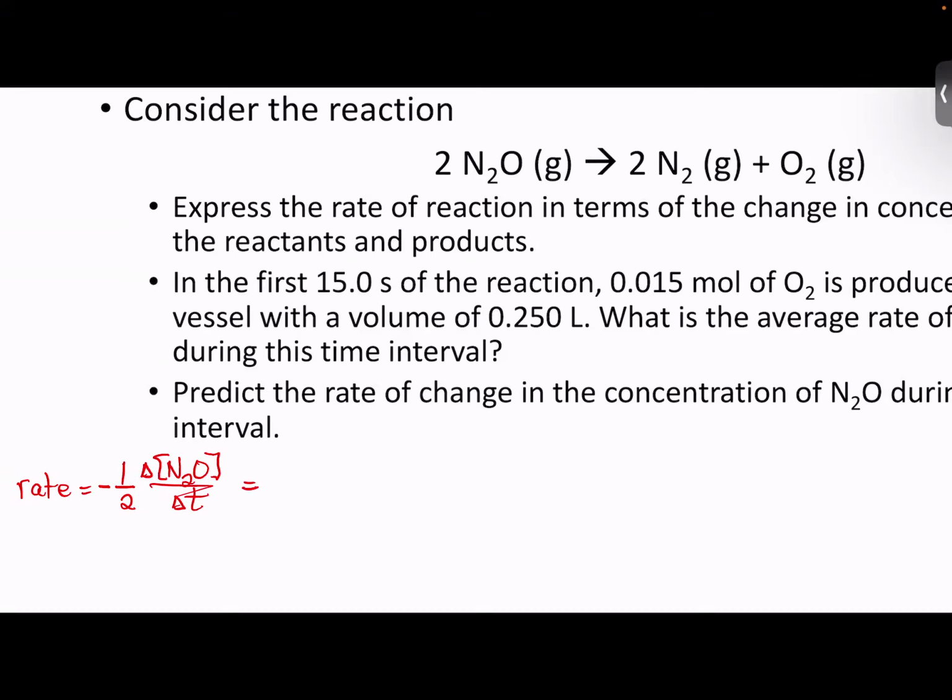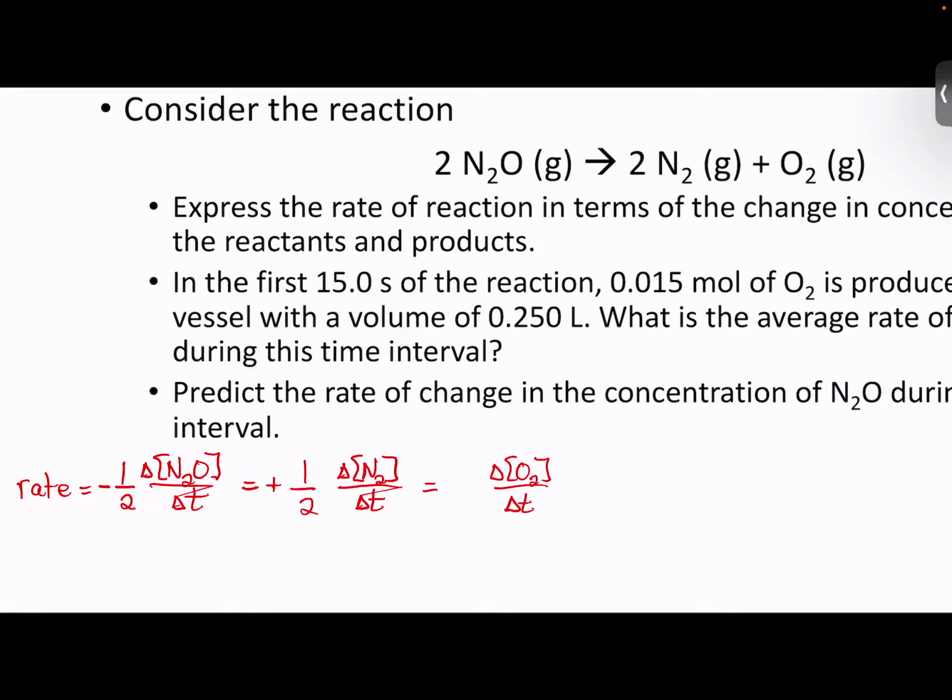That is equal to the change in nitrogen concentration over a change in time. That is going to be positive because it's a product, but we again have to take into account the coefficient. And then finally, that is equal to the change in oxygen concentration over the change in time.